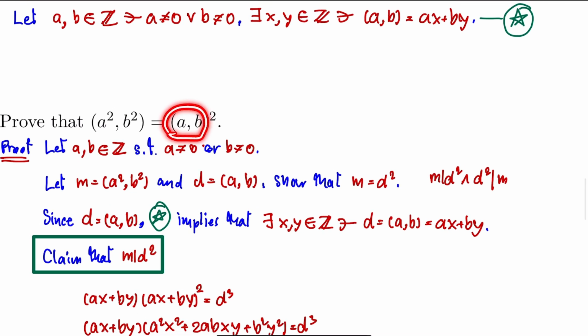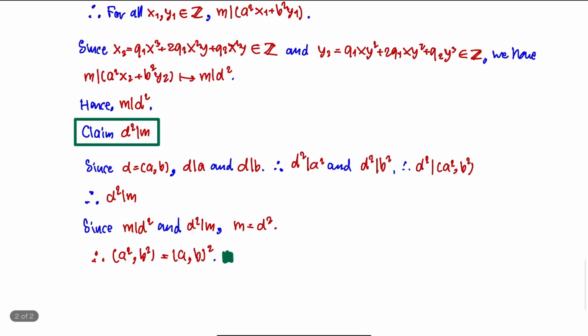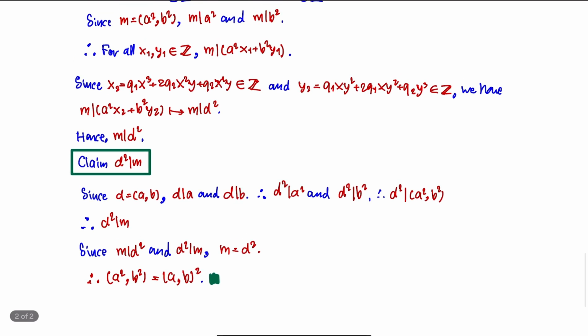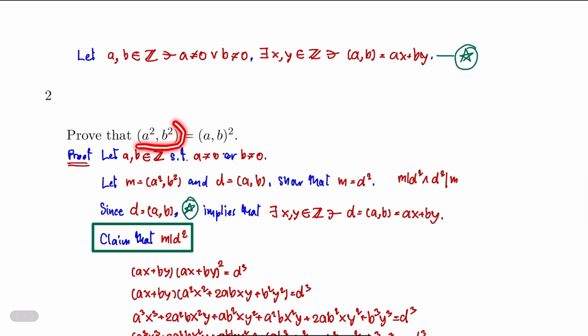And d is the greatest common divisor of a and b. So we've got the greatest common divisor of a squared and b squared equals the greatest common divisor of a and b, squared. Okay, and that's the proof. We have proved that the greatest common divisor of a squared and b squared equals the greatest common divisor of a and b, squared. And that's it for this proof.